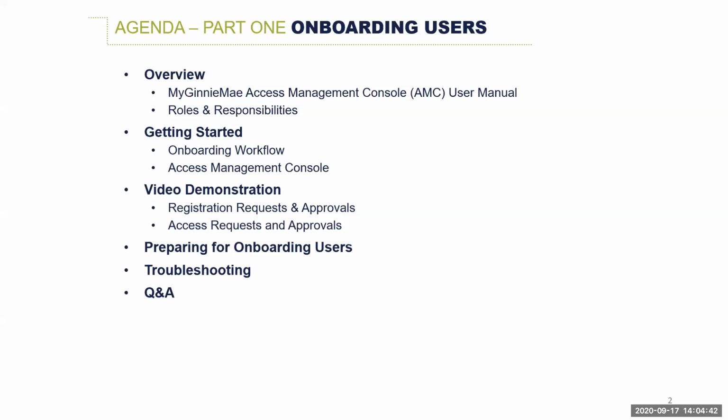We're going to do a video demonstration that will walk you through how to register users for the portal. So sending registration requests and approving those registration requests, and then how you provide functional roles. We call those access requests and approvals. And so we'll also go over how you request a functional role and approve that for a user account.